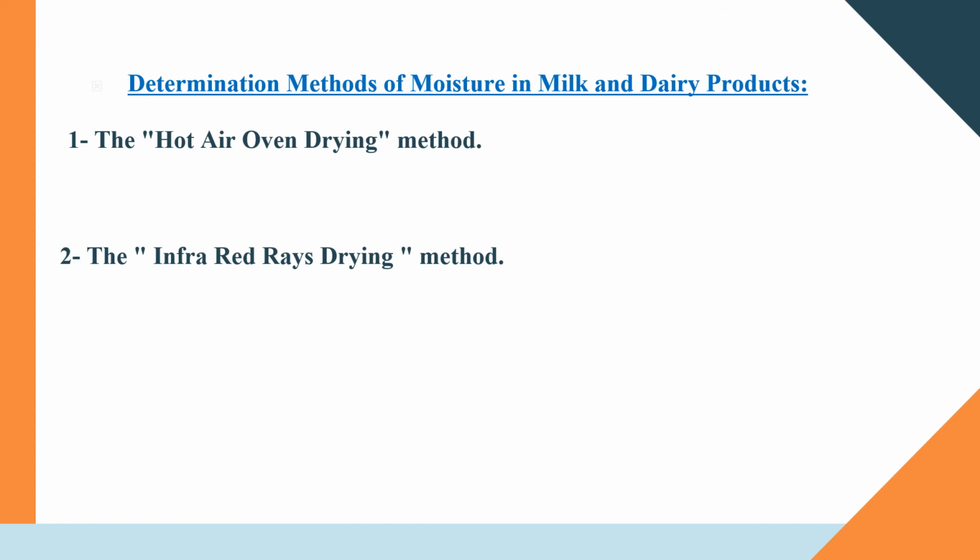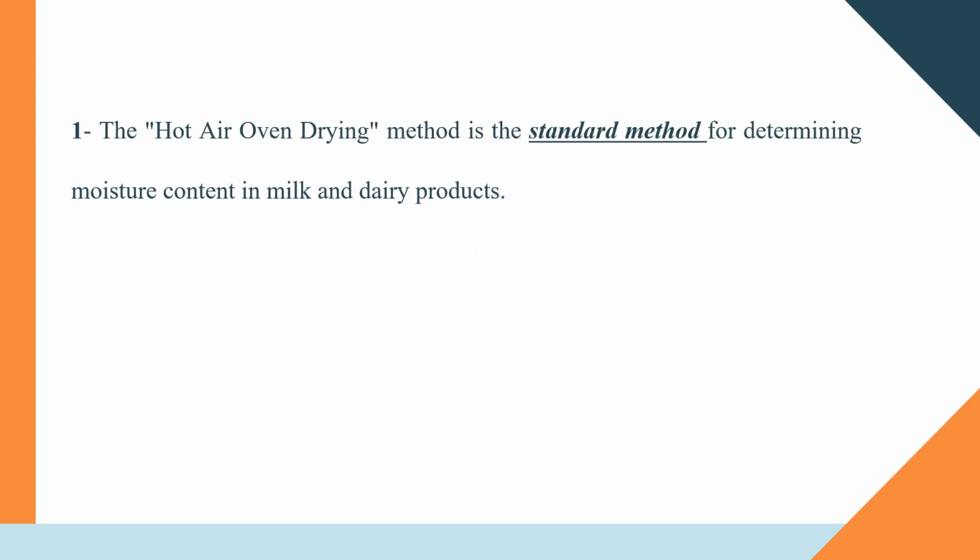The first method, the hot air oven drying method, is the standard method. Based on what we described in the first lecture, this method is of the highest selectivity, the highest sensitivity, and the highest reproducibility. It is both classical and standard.